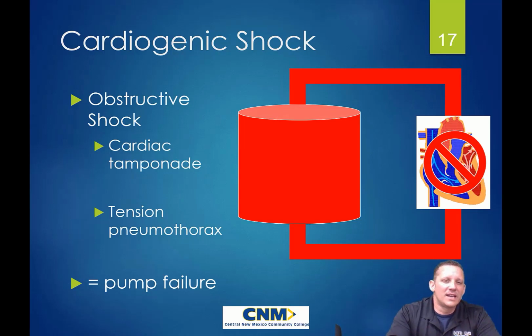Then we're talking about something like a tension pneumothorax, right? And this could be a tension pneumo or a hemopneumo, which the only difference between the two is one is caused by air or gases, the other one's caused by blood. And so that's, again, one of those things where if we were to have a small, say, blowout in the lung tissue and air was escaping into the pleural space, that air will actually create enough pressure that it will collapse the lung, much like that sponge I was talking about earlier, into inefficiency.